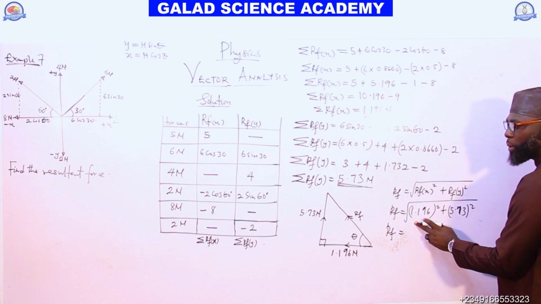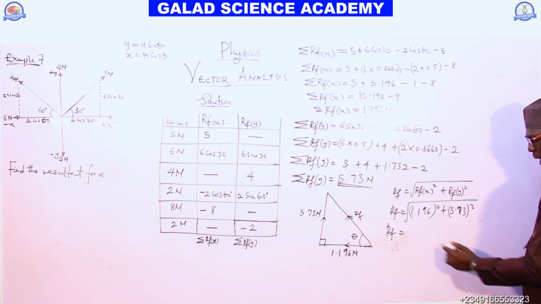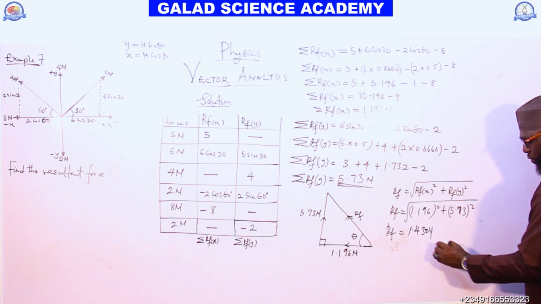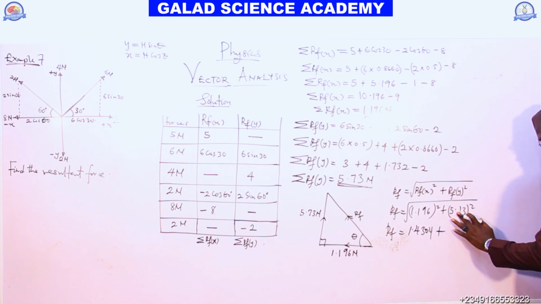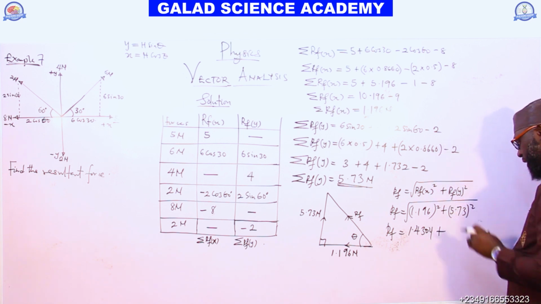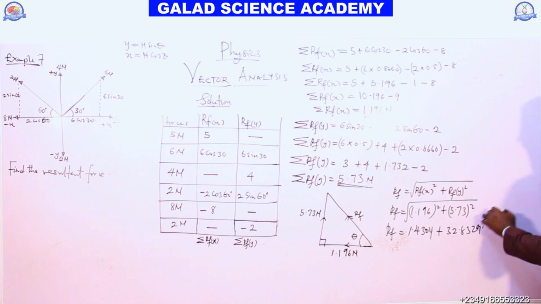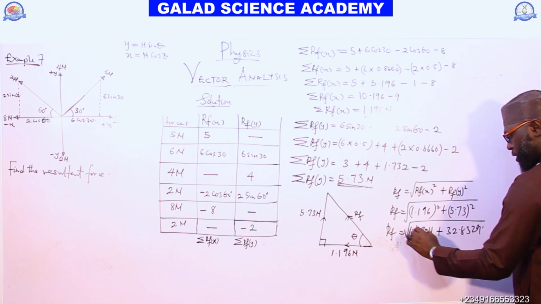Resultant force will be 1.196 square. It should be 1.4304 plus 5.73 times 5.73, it will be 32.8329. Then square root.